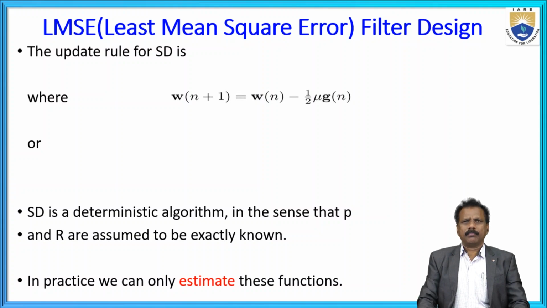The update rule for SD is W of n plus 1 is equal to W of n minus 1 by 2 mu g of n.